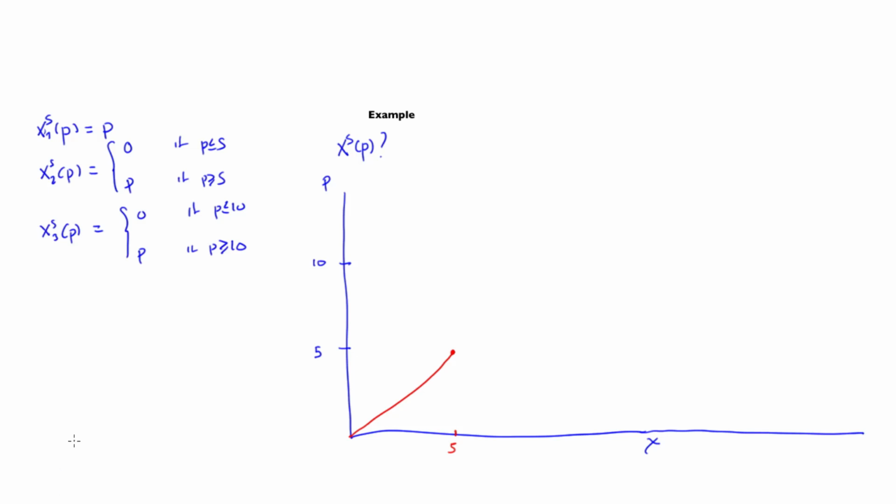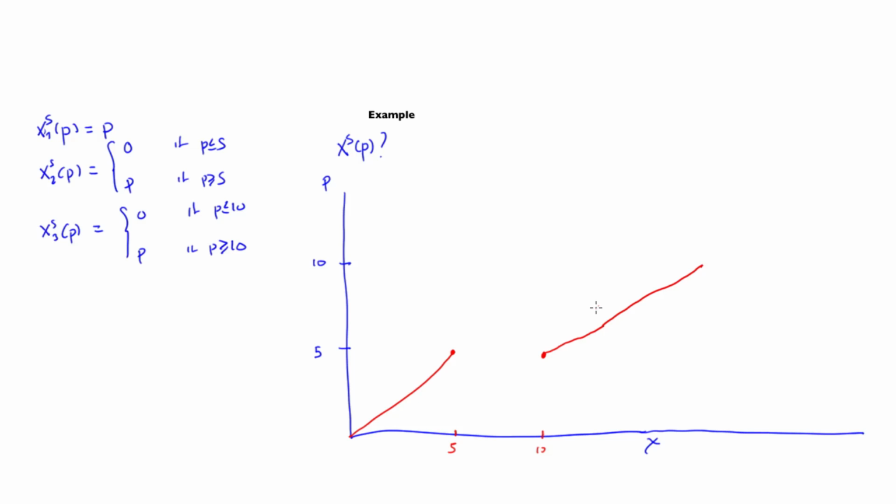Now, what happens at price 5? At price 5, the second firm becomes active. It can either supply 0, in which case we are still here, or it can enter and supply at this point at a price of 5. So it can also be the case, I hope it's easy for you to see, that at a price of 5, we can be at that point or at this other point, and that afterwards, the supply rises until price 10 with a slope of 2P.